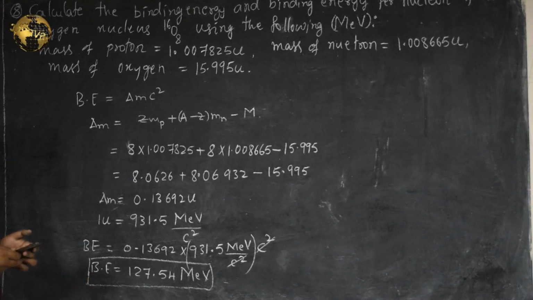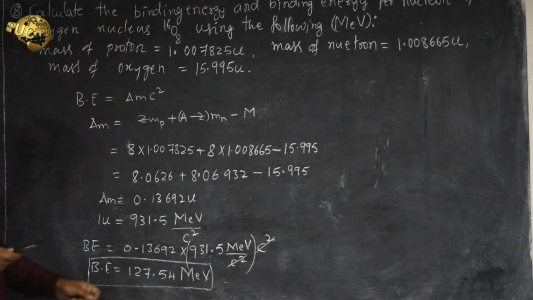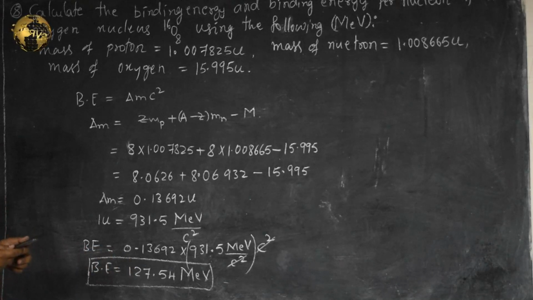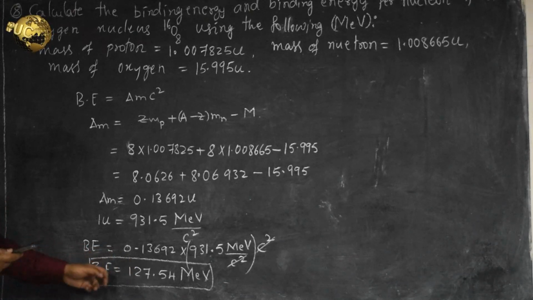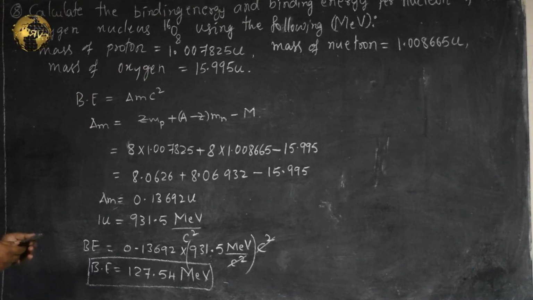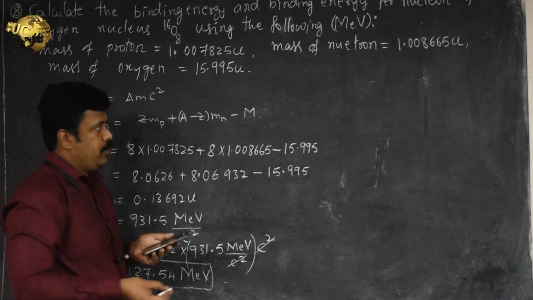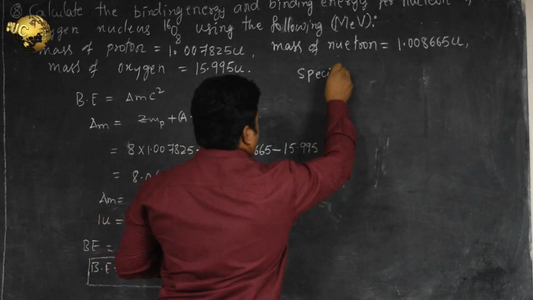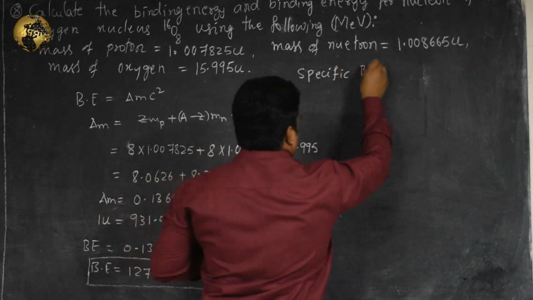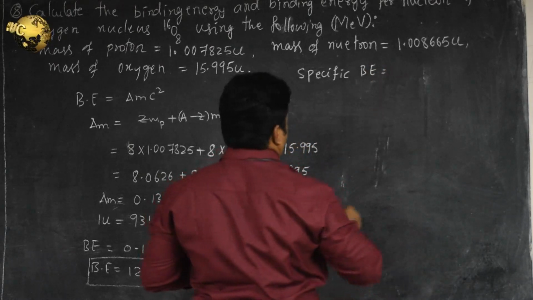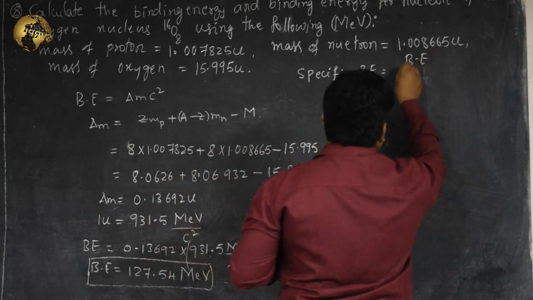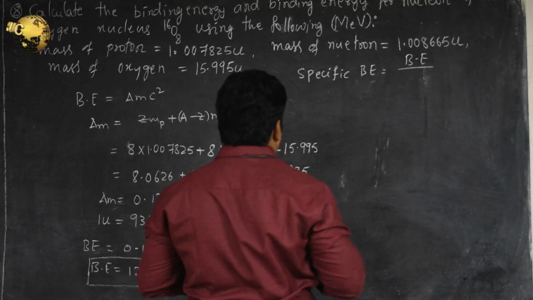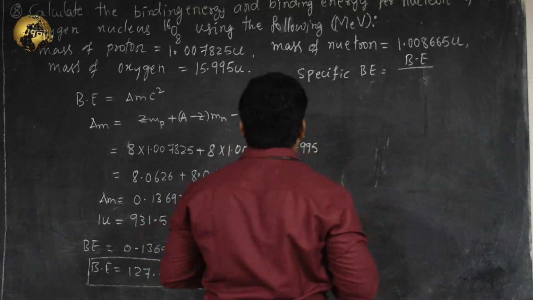So we calculated the binding energy, 127.54, and still we need to calculate the binding energy per nucleon. This can also be called the specific binding energy, which is equal to the binding energy divided by the constituents of the nucleus, that is the sum of protons and neutrons.